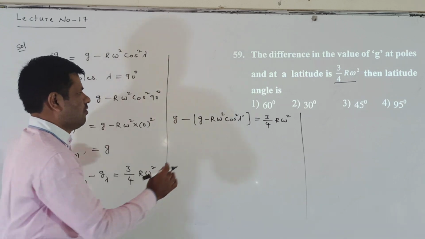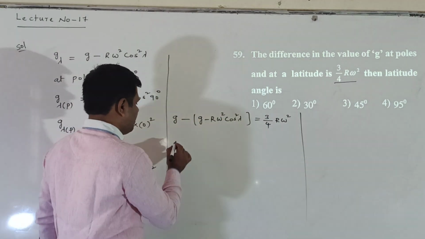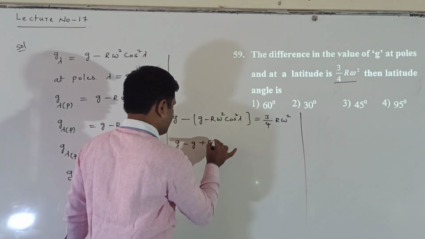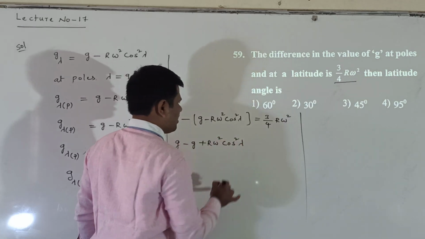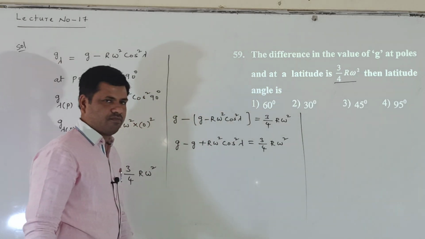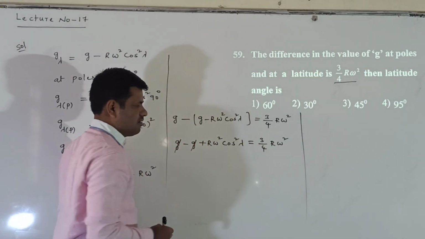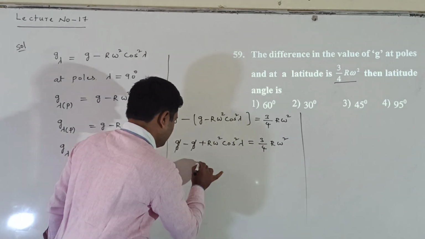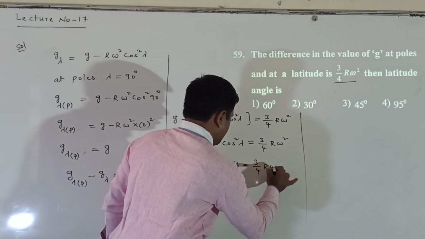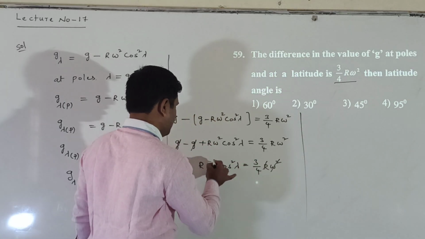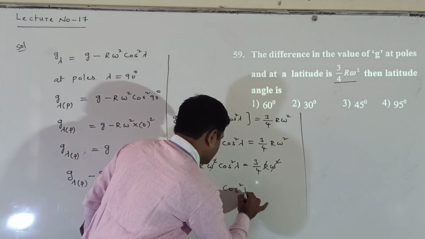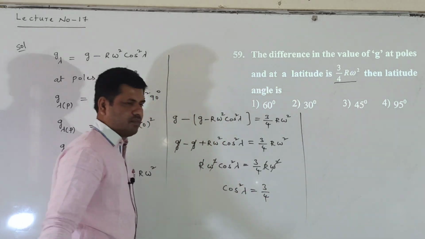Now g minus of g, here minus into minus is plus, so R omega square cos square lambda is equal to 3/4 R omega square. The g's get cancelled. Omega square R cancel, remaining is cos square lambda equal to 3/4.